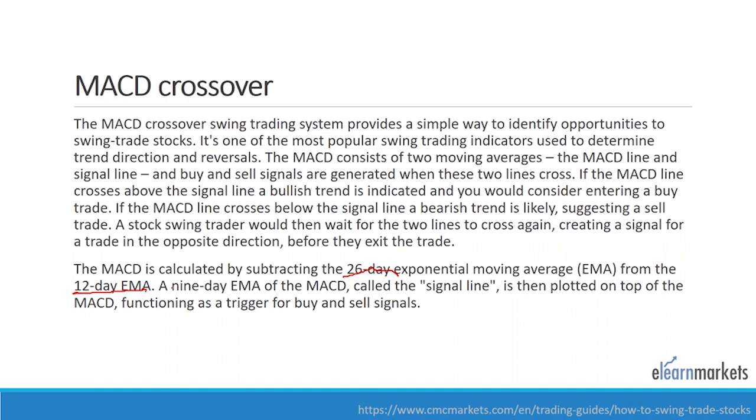Exponential moving average is different from simple moving average. In exponential moving average, the current price movement is given more weightage, whereas simple moving average is a simple average of the price of the instrument. Okay. Some analysts, some traders, tweak this, play with this, and at times change 26 to 24, 28, 27.